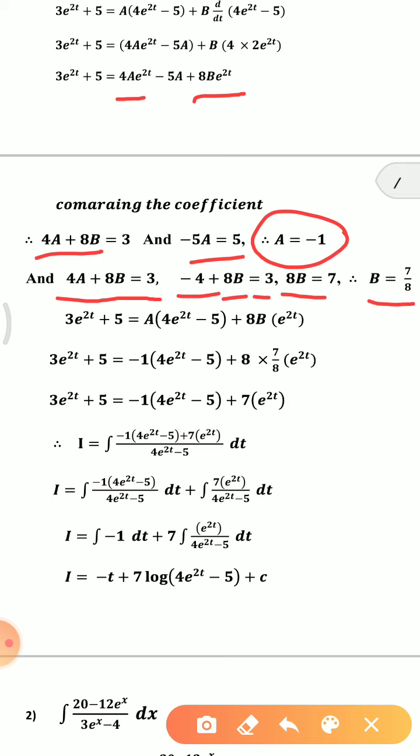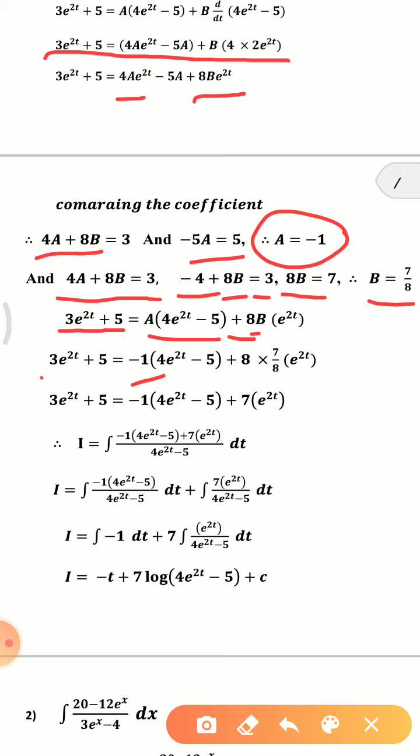And then we substitute this A and B here. 3 e^(2t) + 5 equals A times (4 e^(2t) - 5) plus 8B e^(2t), where the value of A is -1 and the value of B is 7/8.